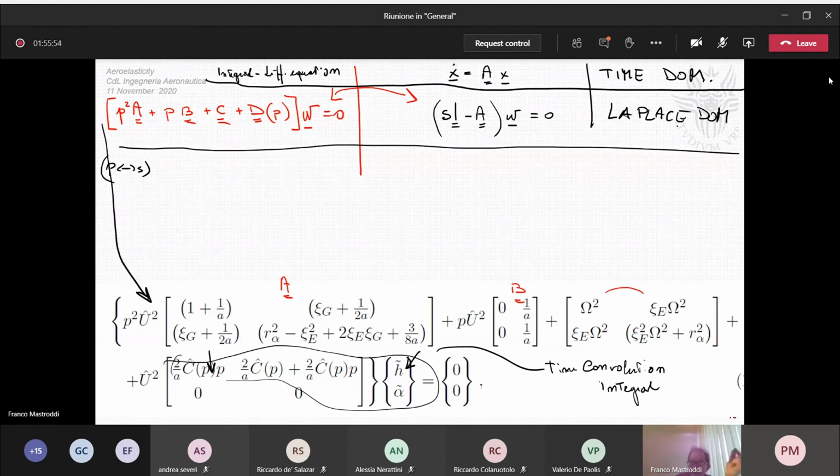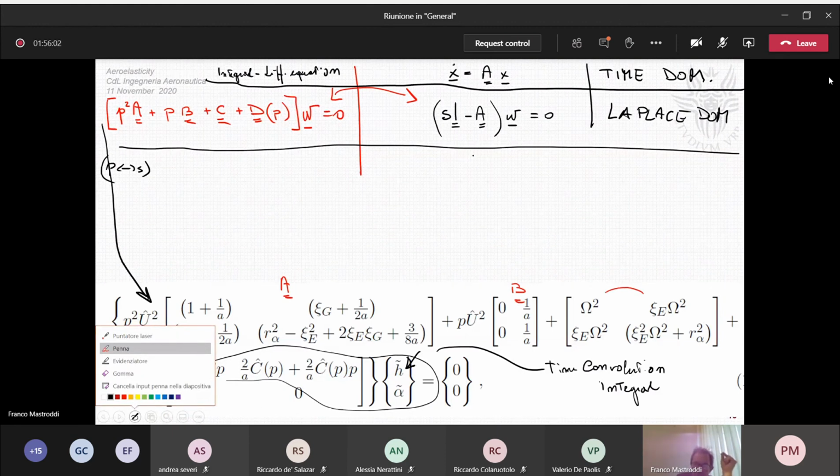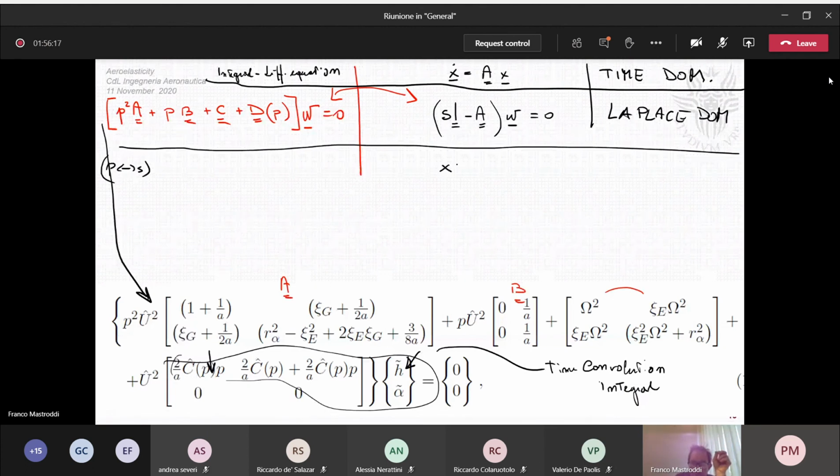I have only a point for you to be demonstrated, and this is the following. In the standard theory of the system, you discuss the stability and you are convinced that the stability is regulated by the solution S of this equation, because your free response here is a combination of this vector W by e to the power plus s and t.